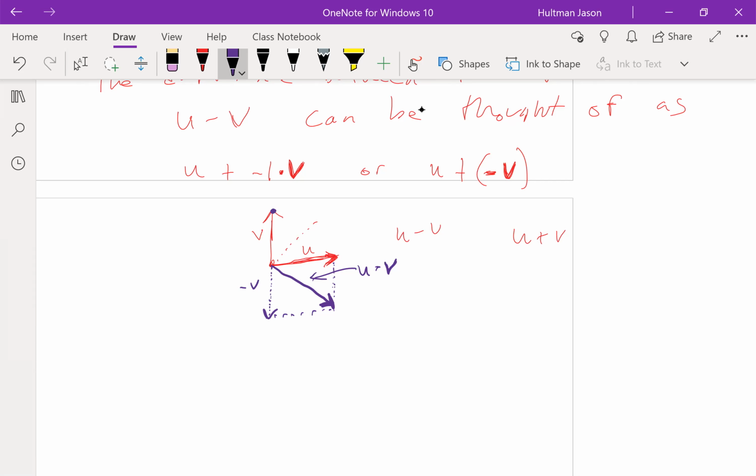So this is still u minus v, would you agree? I just moved it. I translated it from the tail of v and u to the head of v.